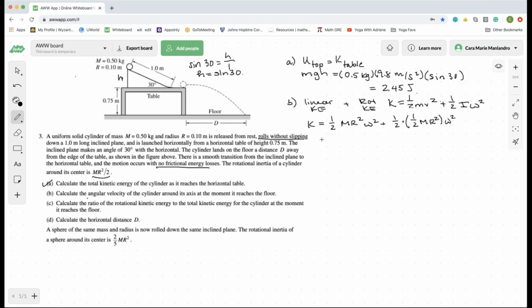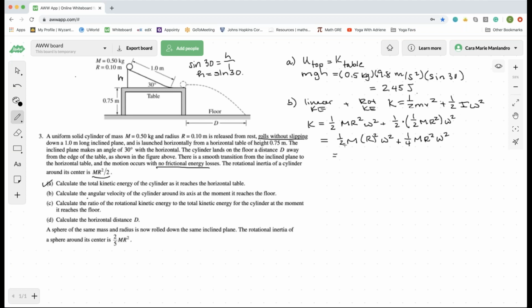And then we're going to do a bunch of algebra and simplify. So 1/2 m r squared omega squared plus 1/4 m r squared omega squared.